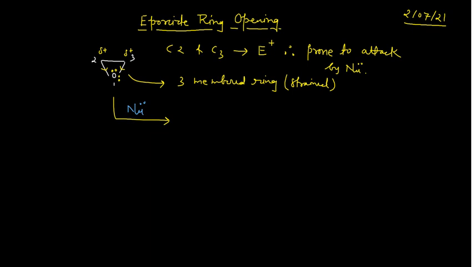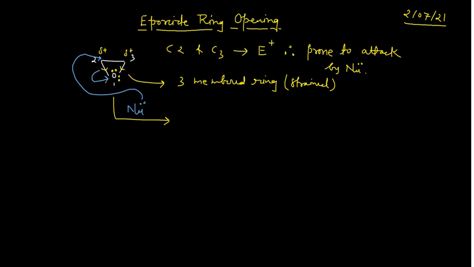See, this nucleophile is negatively charged, so it can attack on any carbon because it's a symmetrical epoxide; it can attack either C2 or C3. It will not make any difference in the final product. When this nucleophile attacks here, this bond gets broken and the oxygen pair shifts.